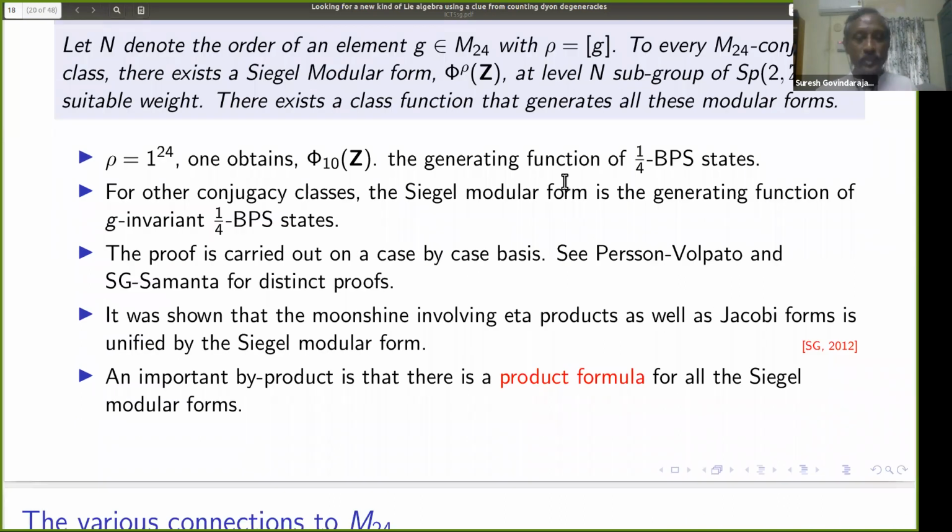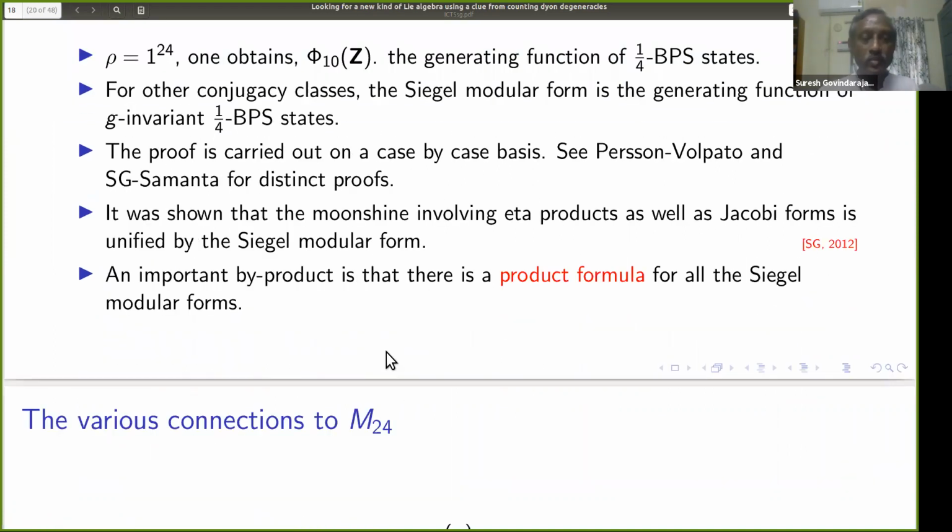But actually, what I showed was that this particular moonshine involving the Siegel modular form unites the other two examples. There were two class functions, one involving eta products and another involving Jacobi forms, and they get unified by the Siegel modular form. But what is very important is a byproduct of this is a product formula for all the Siegel modular forms.